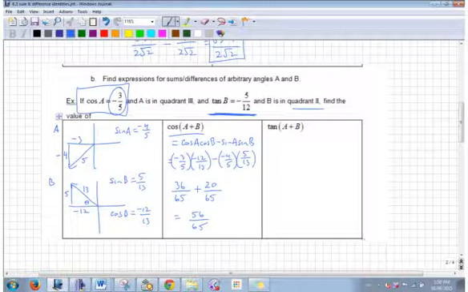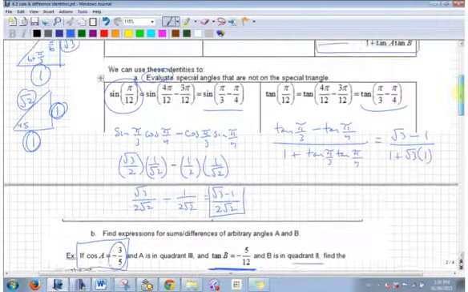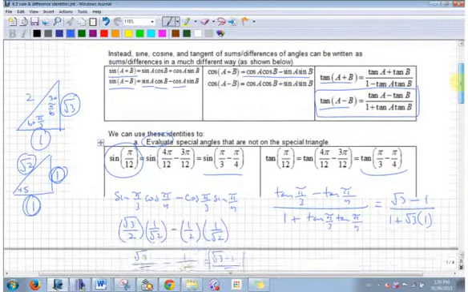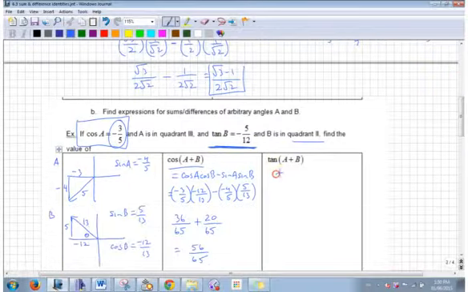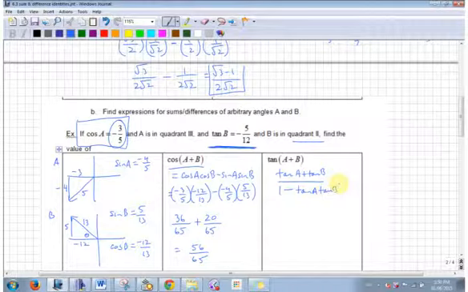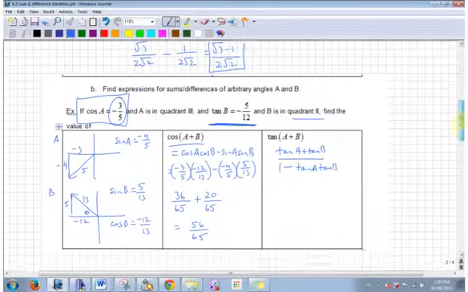Okay? So I've already got the same triangles. Now I need tangent A plus B. What's that? Tan A plus tan B over 1 minus tan A tan B. So, tangents I need.